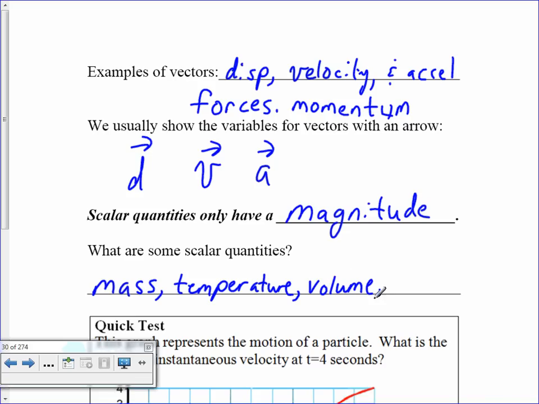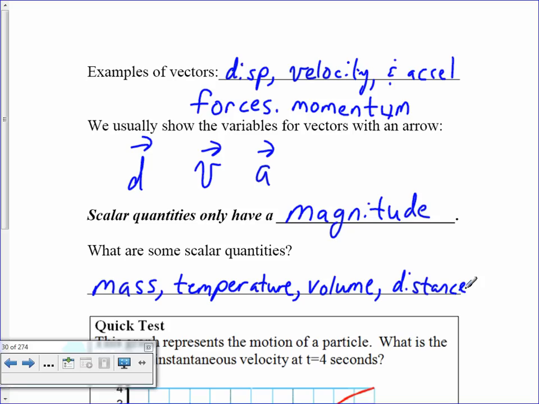We'll also see that displacement has a scalar counterpart, and we're going to call that distance. So for example, your car has an odometer on it. That doesn't measure displacement because it has no notion of direction.